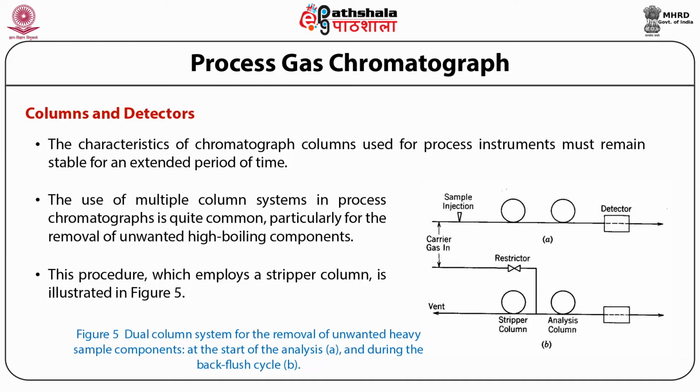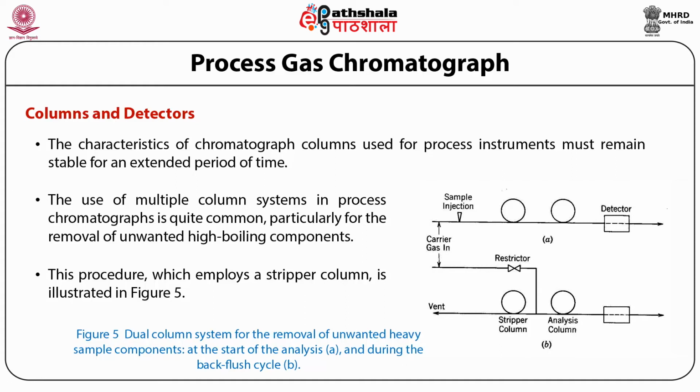The carrier gas flow through the stripper column is then reversed, figure B, and the heavier sample components are backflushed to vent. At the same time, the carrier gas flow through the analysis column is maintained constant by introducing a flow restrictor into the carrier gas line in place of the stripper column.